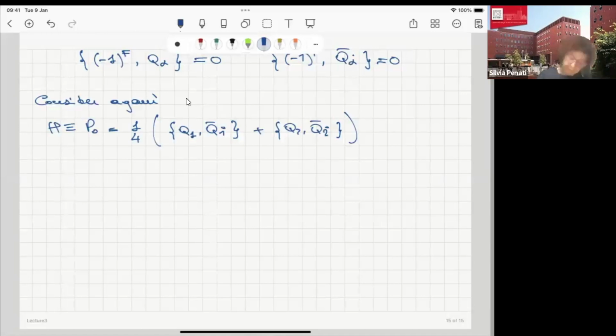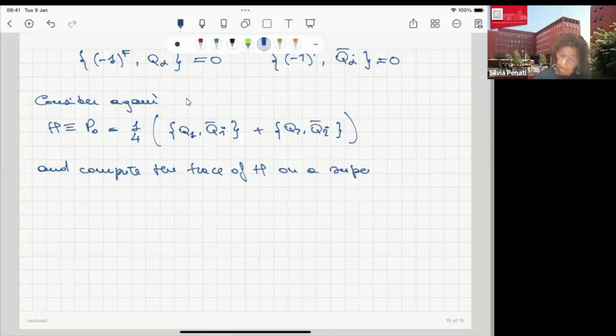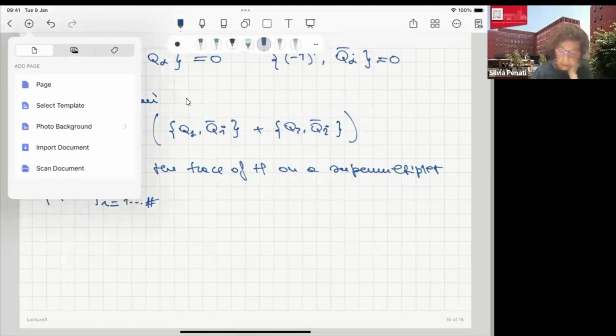And compute the trace of H on a supermultiplet made up by some set of states, I from 1 to some number. Okay, so I have a supermultiplet. As I told you, it is for sure made up by a finite number of states. Let me call these states I, labeled by an index I.